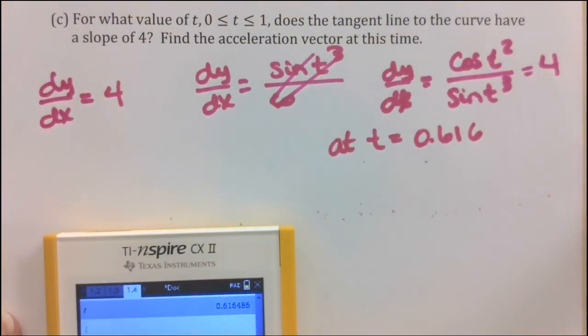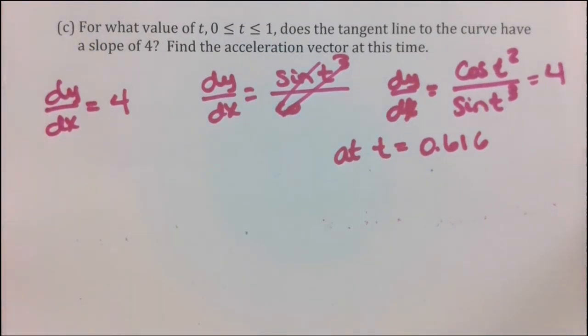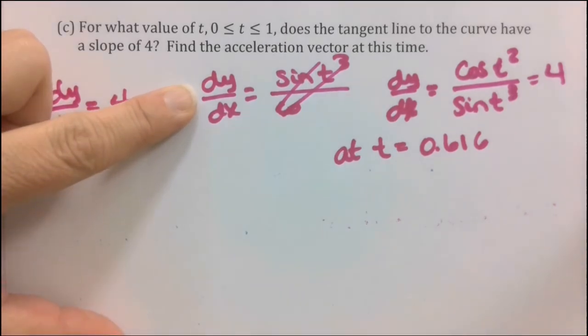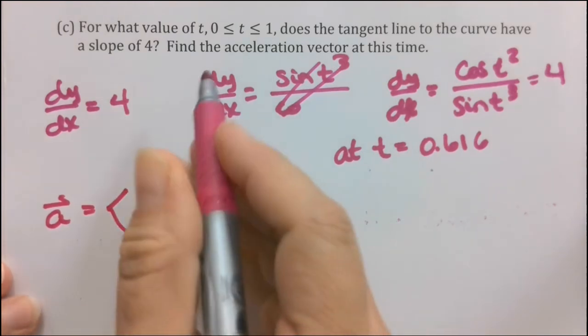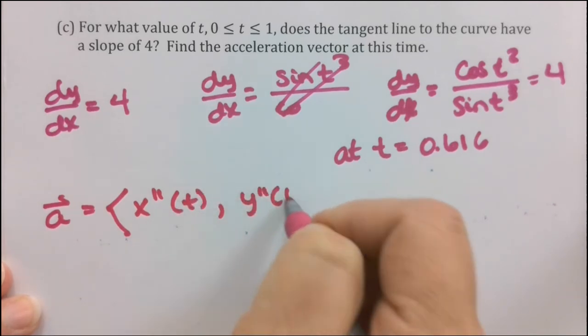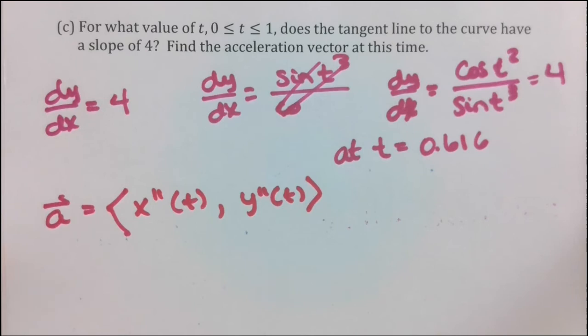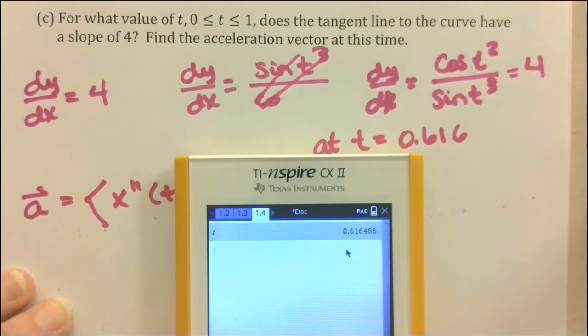What I want now is the acceleration vector at this point. The acceleration is going to be the derivative. My acceleration vector is going to be equal to x double prime of t, y double prime of t. Remember, what we were given was dx/dt and dy/dt, or x prime, y prime. So I just need to take the derivative of both of those, and I can use my calculator to do that.